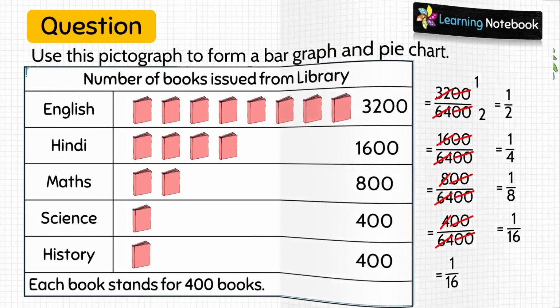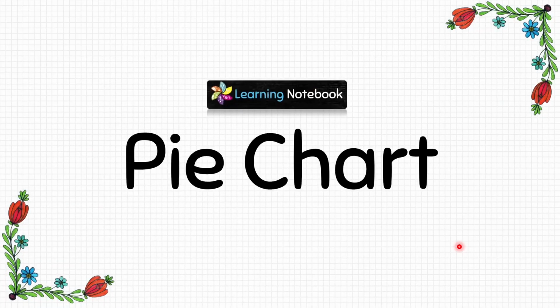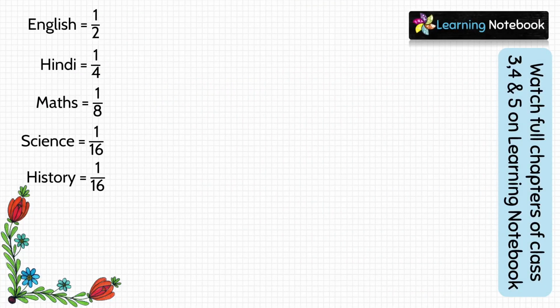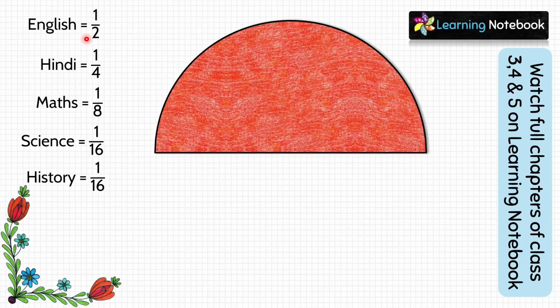So let's use the cutout of the circles to represent this data using pie chart. First fraction is 1/2. So let's take a red color semicircle to represent English books. Next we have fraction 1/4.